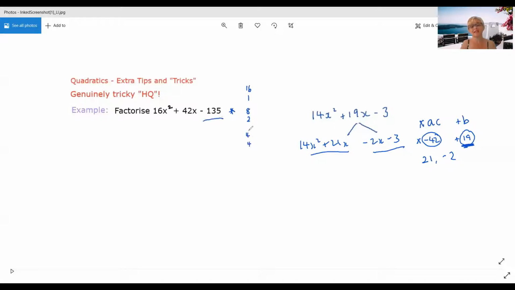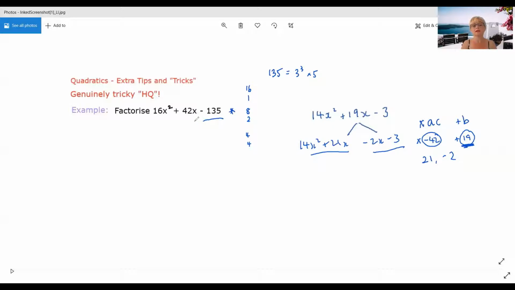Factors of -135. Okay, well, 135 is actually 3 cubed times 5. So just imagine all your different possibilities there, also bearing in mind that one of them's got to be positive and the other one's got to be negative. That is going to be a right mess. You don't want to do it that way if you can get away with it.